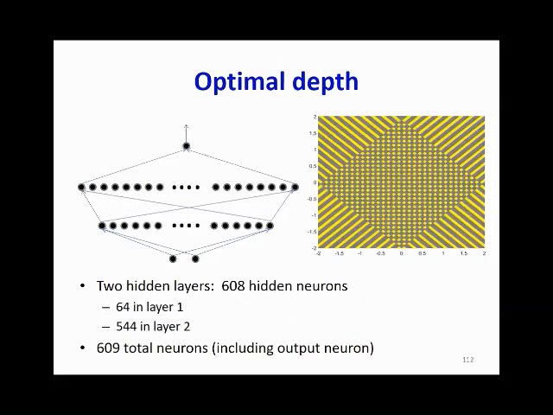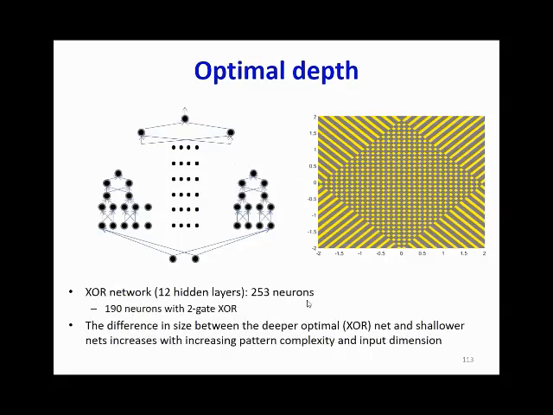There are 544 of these yellow regions, so you would need 544 neurons in the second layer. And so including the output layer, you're going to require 64 plus 544 plus 1, which is a 609 total neurons. But once again, this is just an XOR over these 64 lines.